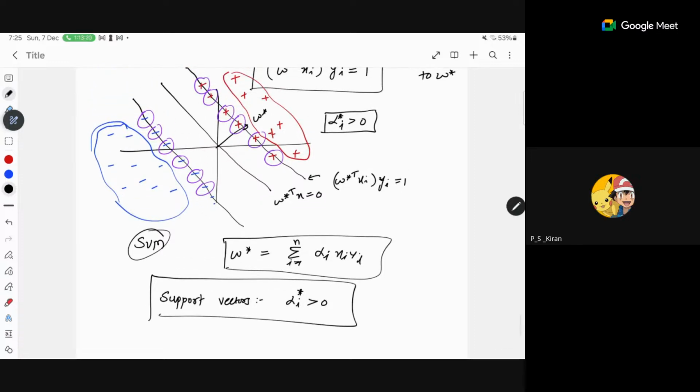Alpha can be 0 too. No, for hard margin classifier, it is not the case. That is for soft margin classifier, basically. This is actually hard margin SVM. In this case, alpha star equal to 0 for data points which are on the supporting hyperplane. Okay. Sir, can you go back to the complementary slackness?